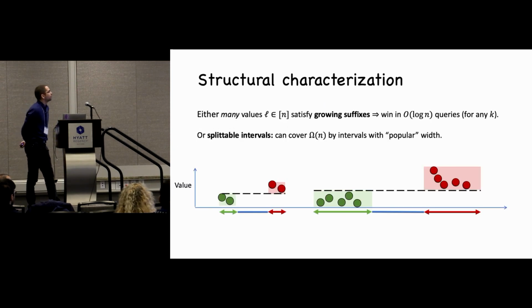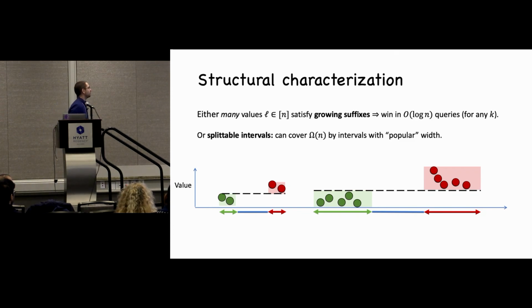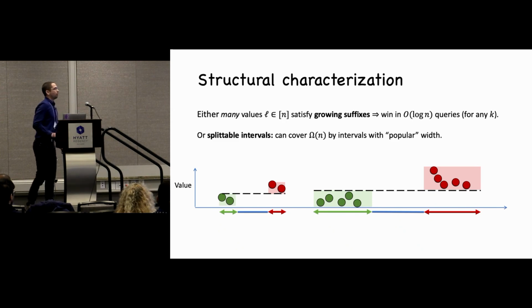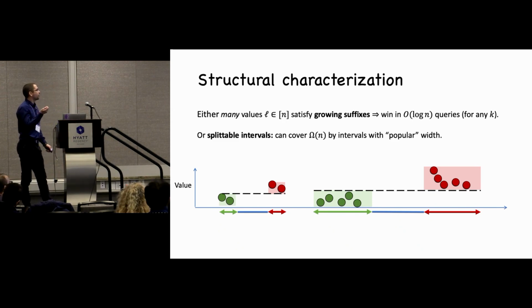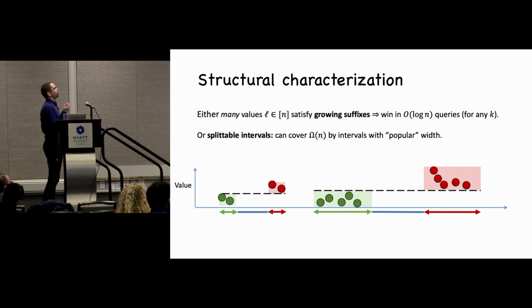Our structural characterization says that more or less either we have many values that are in the middle of copies that were at many different scales, or, okay, so what's the opposite? The opposite is that most of the entries don't have many different scales of copies around them. So we'll call this splittable intervals.